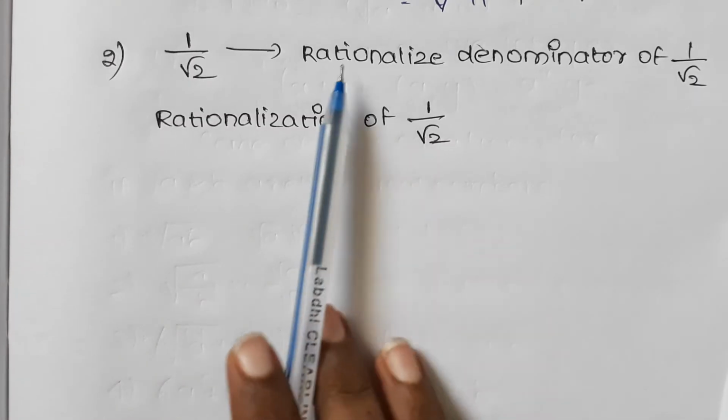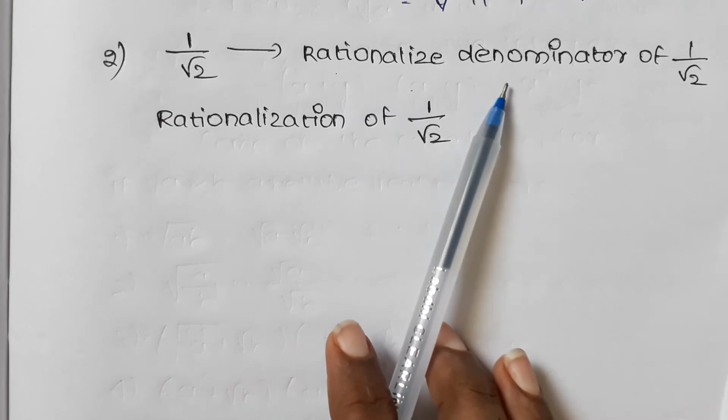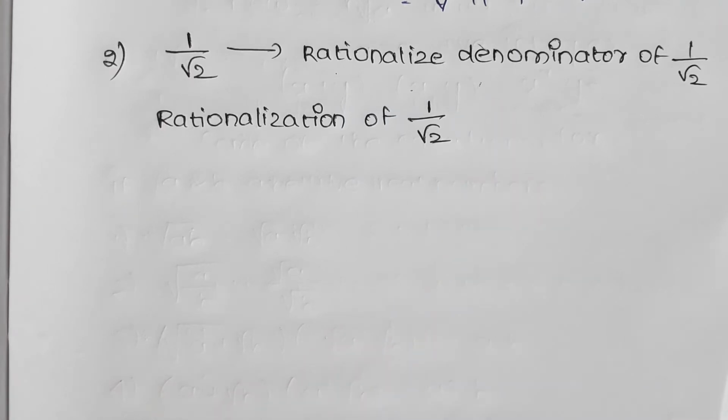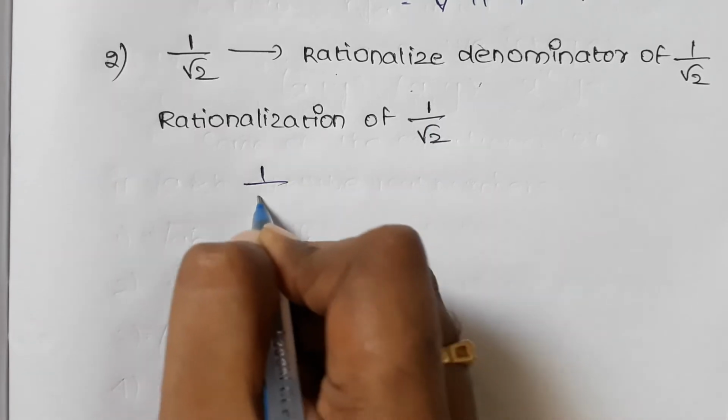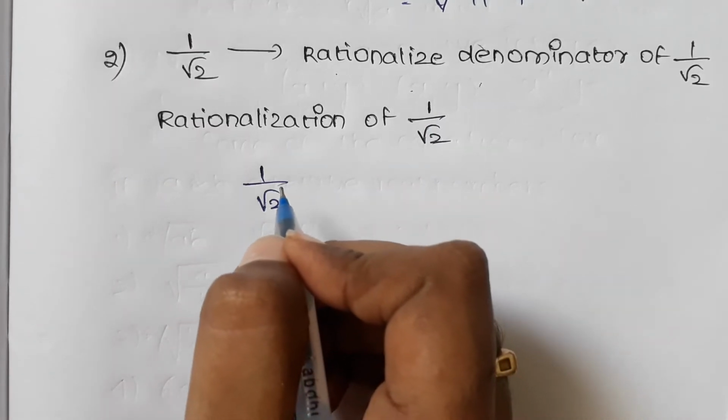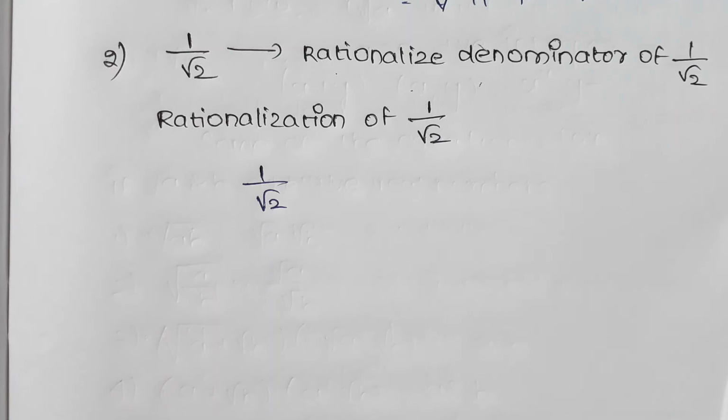Here, that is rationalize the denominator of 1 by root 2. Here 1 by root 2 is given, it is an irrational number and we should convert it into a rational number by the rationalization process, that is how to do it. Let us see. Here given 1 by root 2 and we want to write this 1 by root 2 as an equivalent expression in which the denominator will be converted into a rational number.